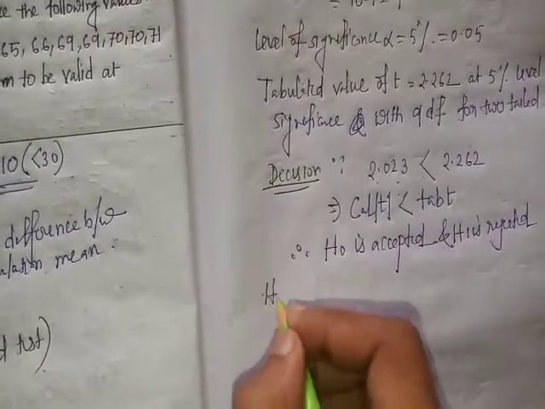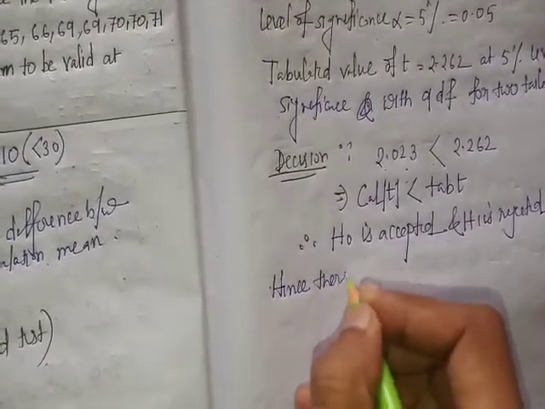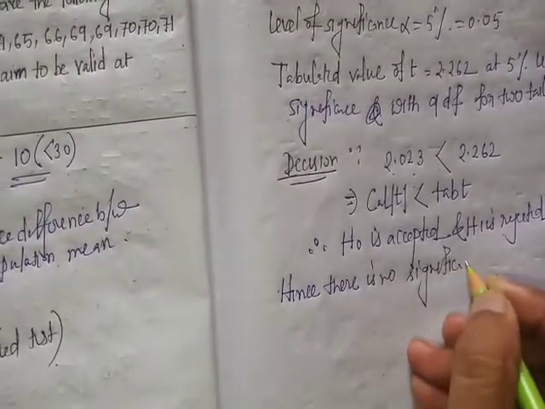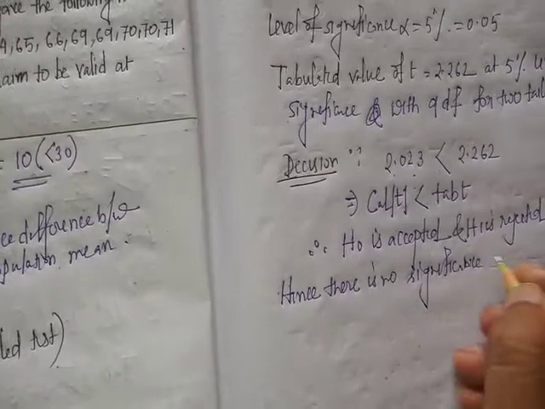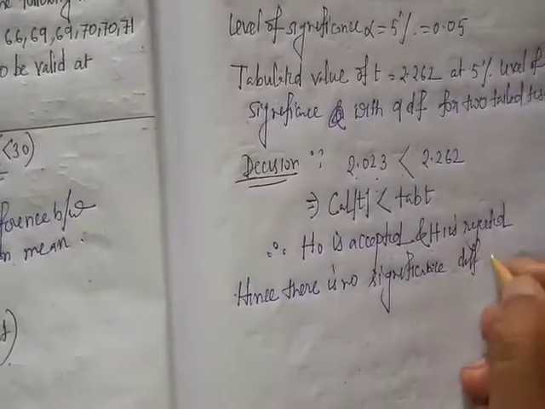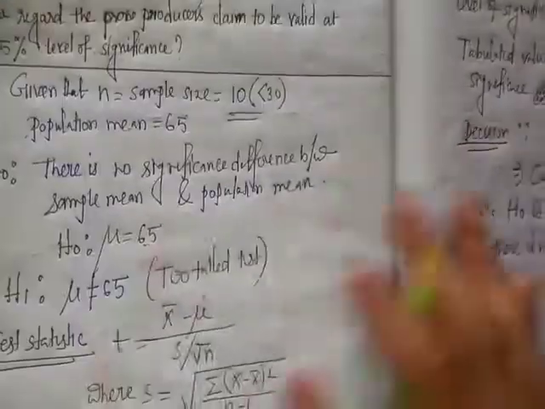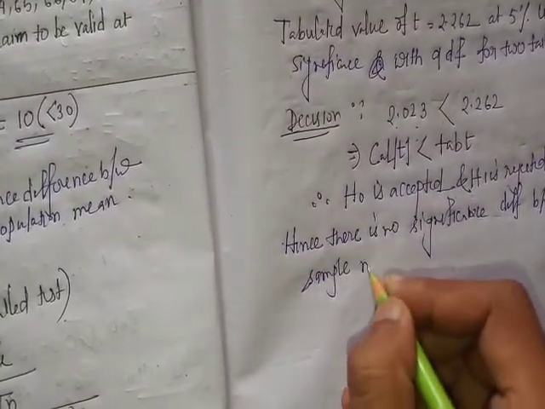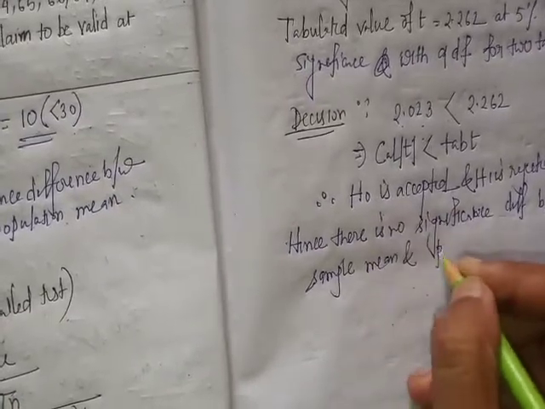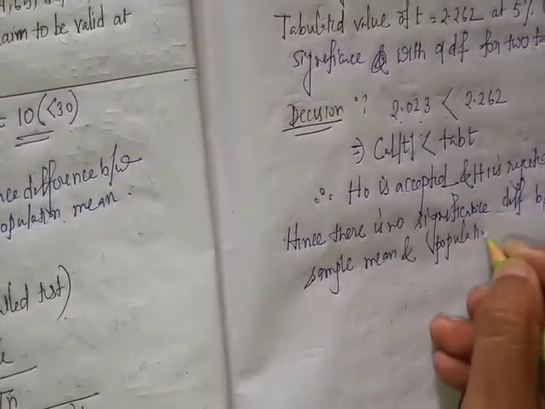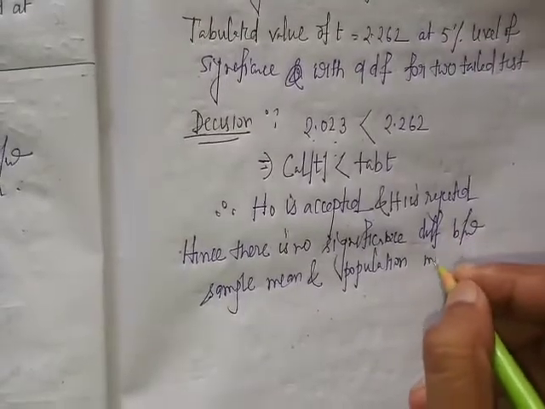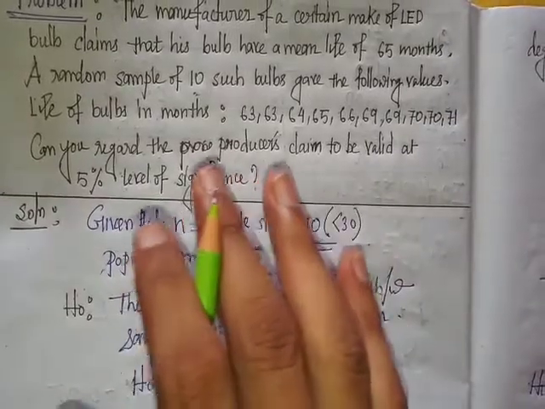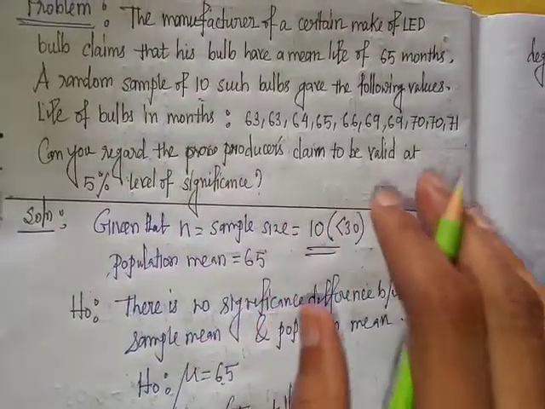Hence, there is no significant difference between sample mean and population mean. Here the question is, can you regard the producer's claim to be valid at 5% level of significance?